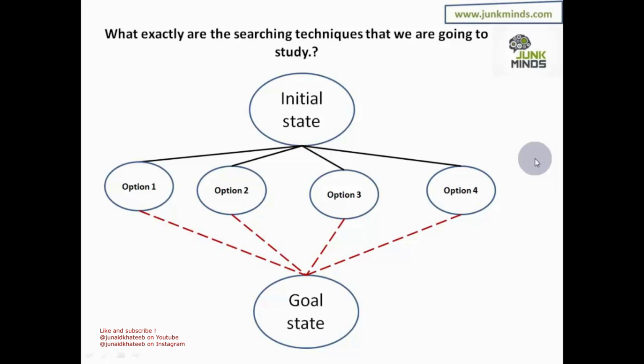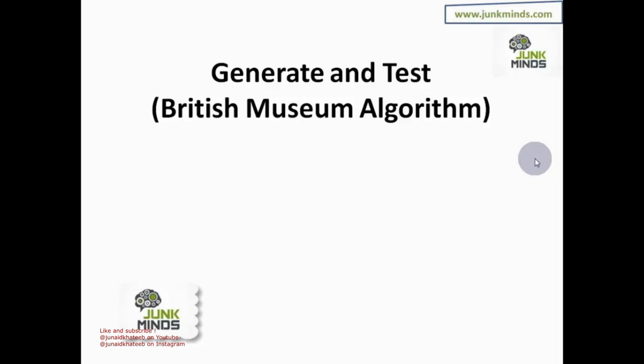So now with this little idea of what the techniques are going to do, let us get started with the first algorithm, which is called the generate and test or the British Museum algorithm. Now please understand this, when we talk of the techniques, there are 2 different types of searching techniques that we have. Uninformed searching techniques and informed searching techniques. This algorithm that we see is actually an uninformed searching technique.